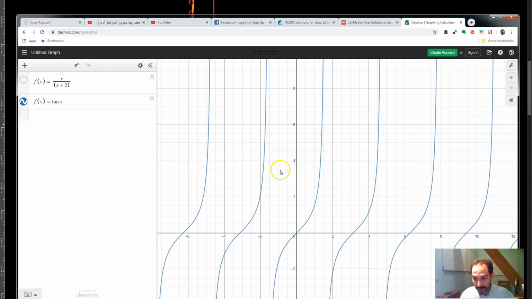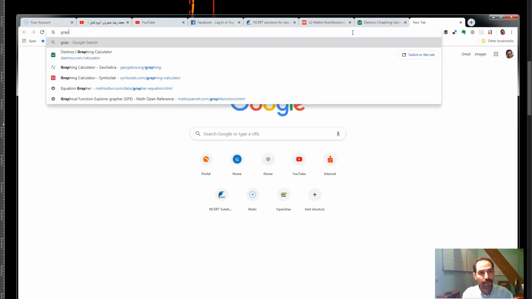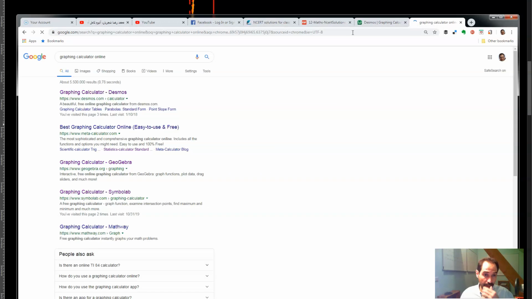If you want to see the asymptotes, you need to use another graphing calculator, which is called Symbolab.